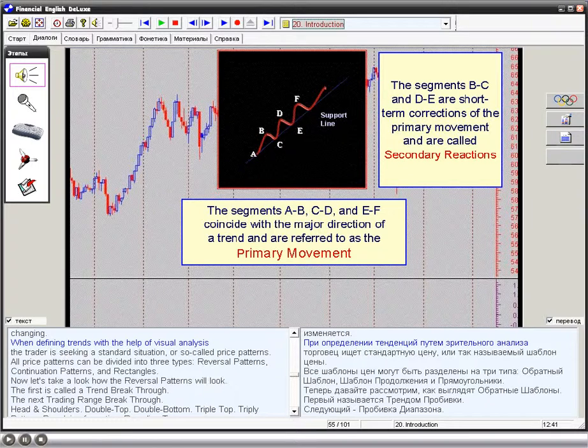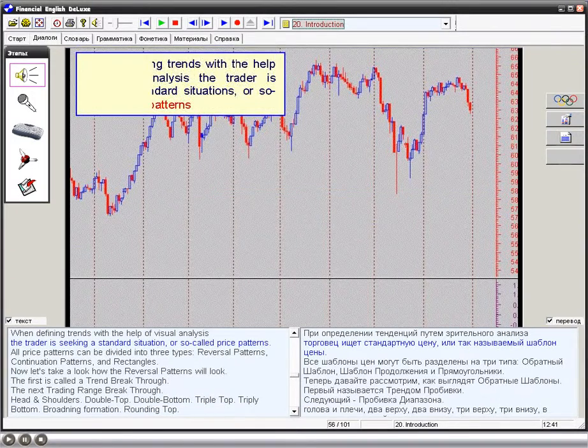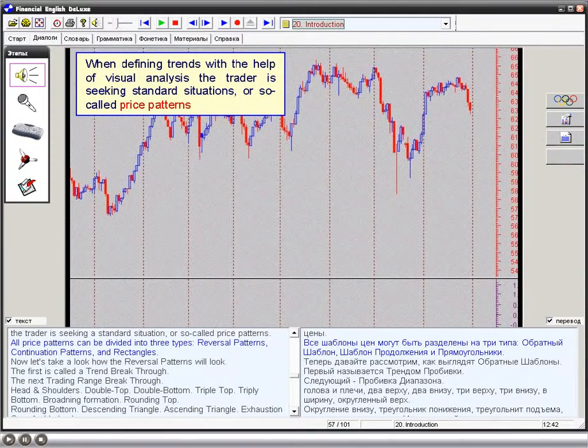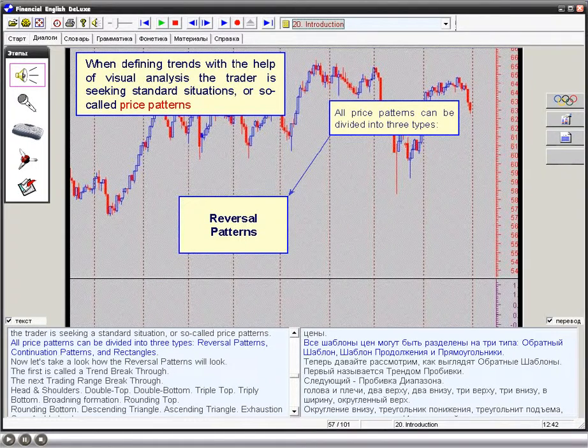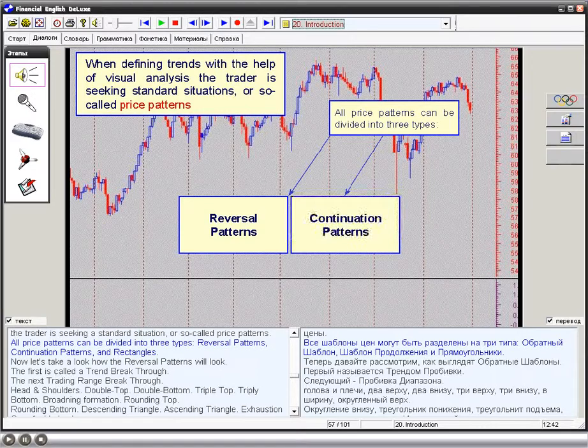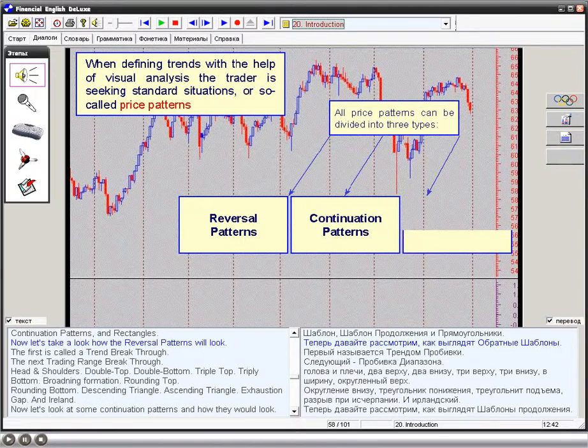When defining trends with the help of visual analysis, the trader is seeking standard situations, or so-called price patterns. All price patterns can be divided into 3 types: reversal patterns, continuation patterns, and rectangles.